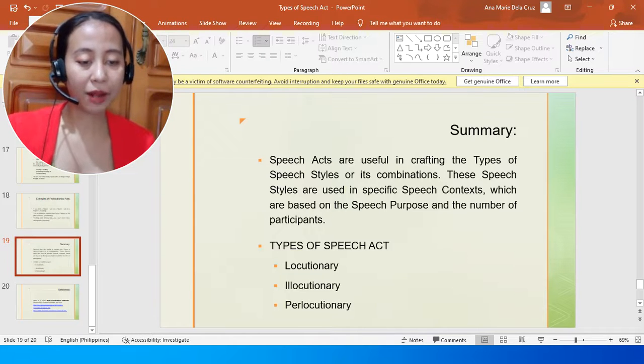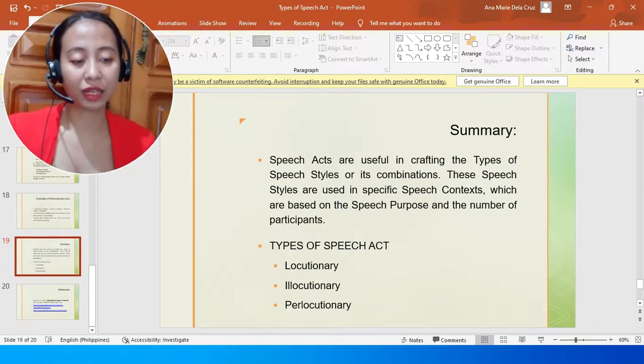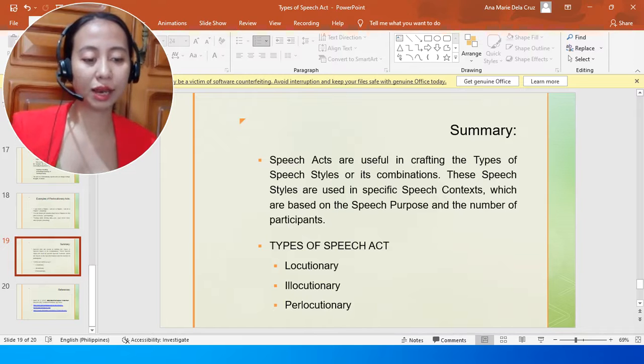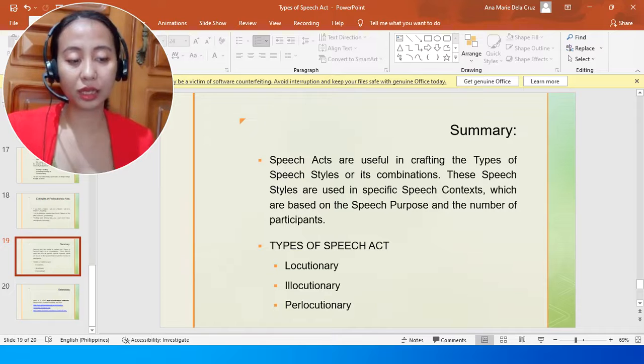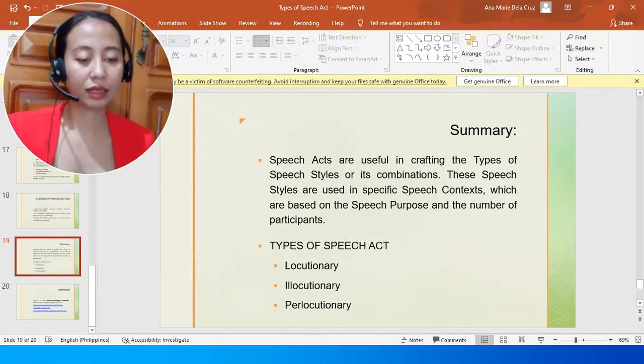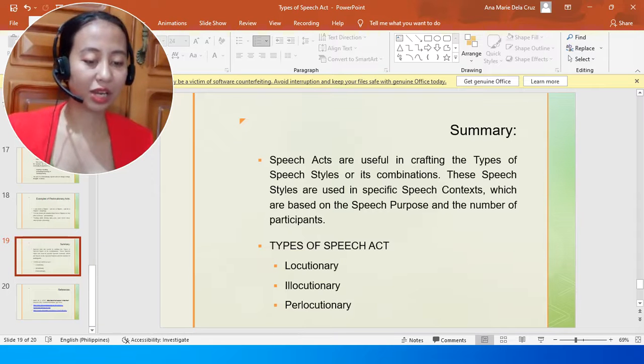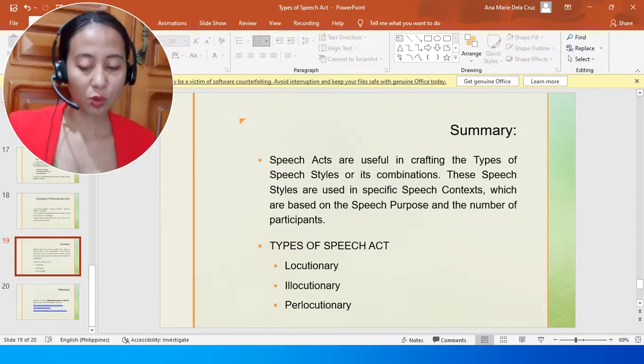Okay. To sum it up, the speech acts are useful in drafting the types of speech styles or its combinations. These speech styles are used in a specific speech context or situation, which are based on the speech purpose and the number of participants. And we discussed three types of speech acts: the locutionary, illocutionary, and perlocutionary. When we say locutionary, that is producing sound with meaning.